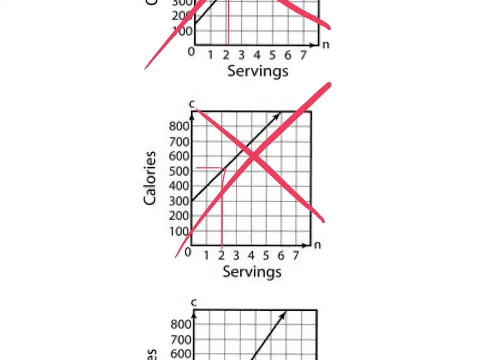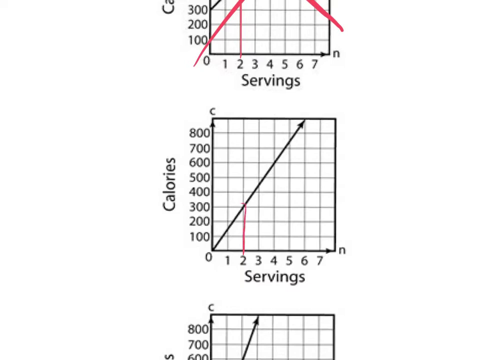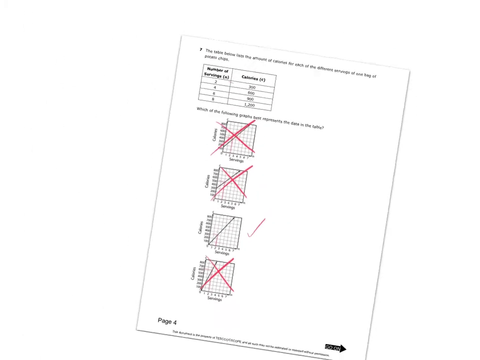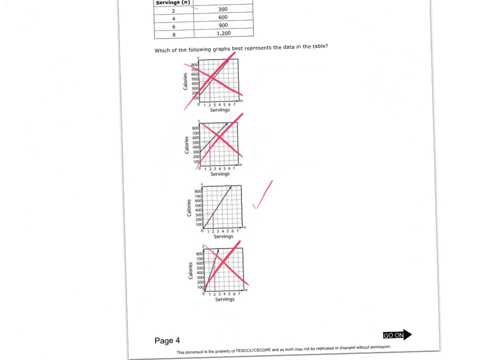Doesn't work. 2 servings, 300 calories. Works. 2 servings, 600 calories. Doesn't work. What a great, great question. Nobody better miss that one. It's the only one that matches up.